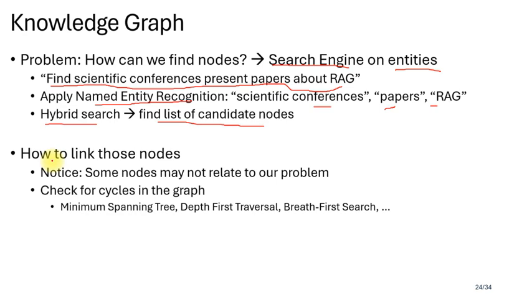Now we have a list of candidate nodes. The second question is how to link those nodes together. We have to notice that some nodes may not relate to our problem, which is why I call them just candidates. One way is to apply graph computer science techniques, such as minimum spanning tree, depth first traversal, or breadth first search, to find the connections between the nodes.